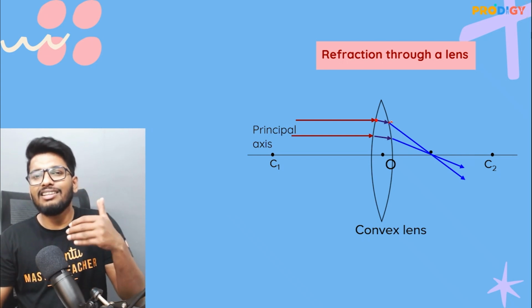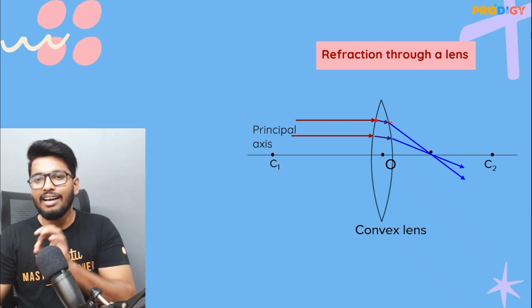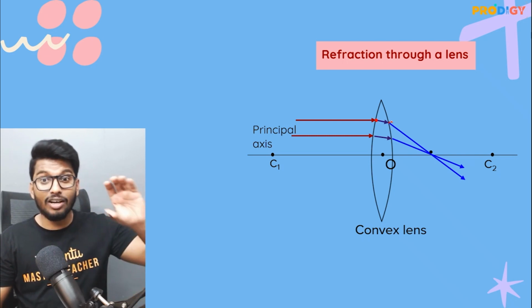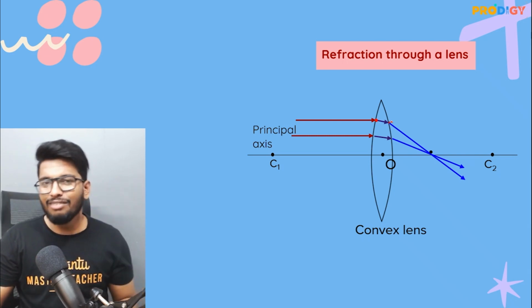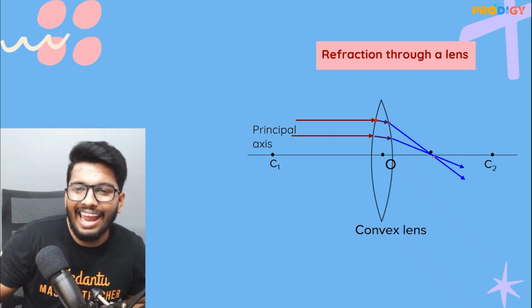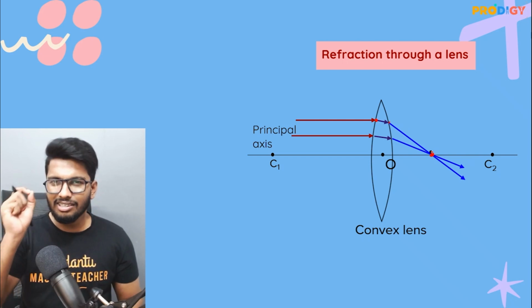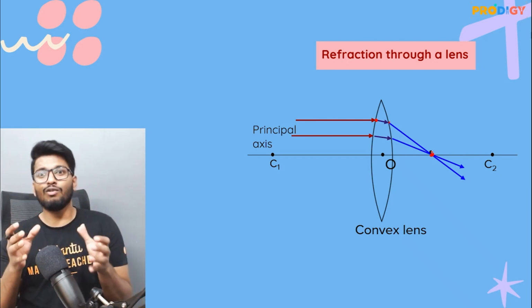So in the case of a convex lens, guys, if I have several rays of light, after refraction, as long as they're all parallel to the principal axis or parallel to each other, they will all end up meeting at a certain fixed point on the principal axis. Again, it's not just true for these two rays of light.